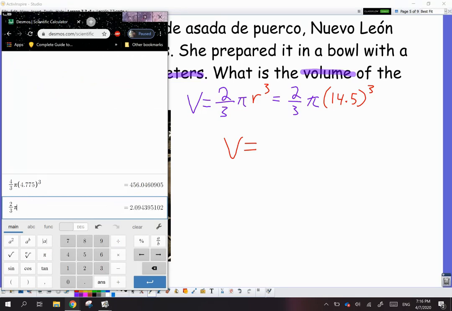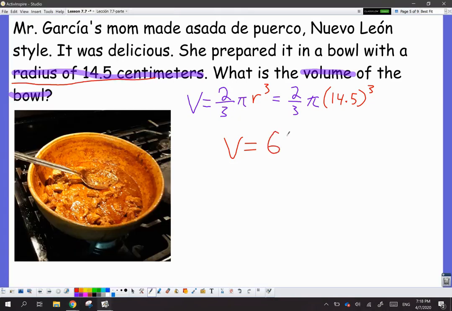Then I have pi times 14.5. I press this button to exponent to the 3rd power. And so we had 6,385.3. And there's our volume.